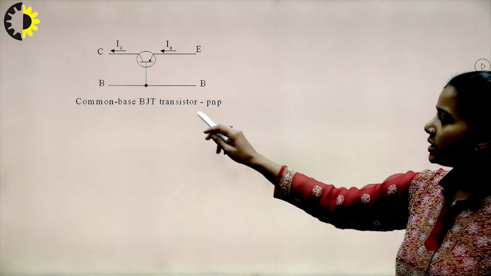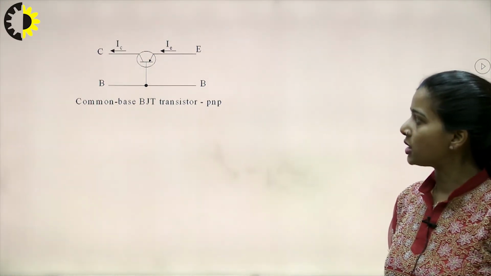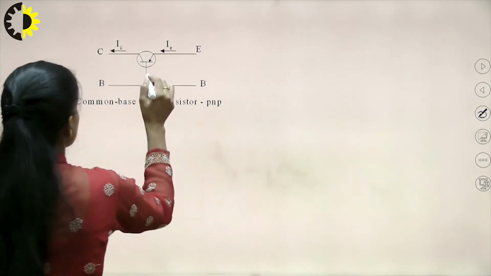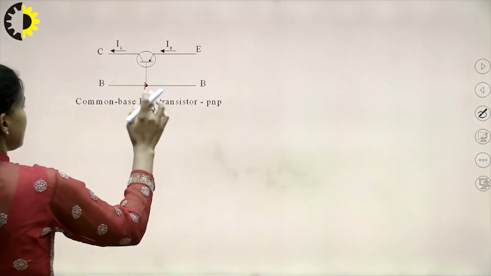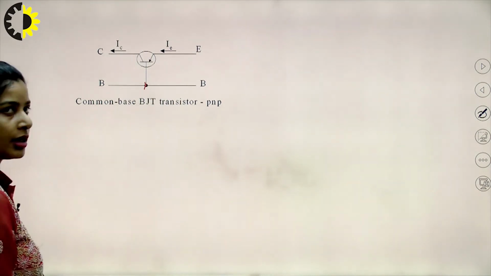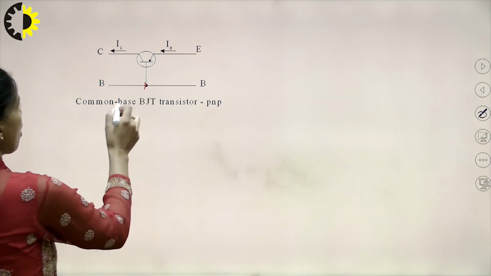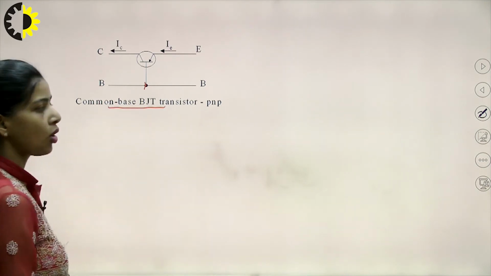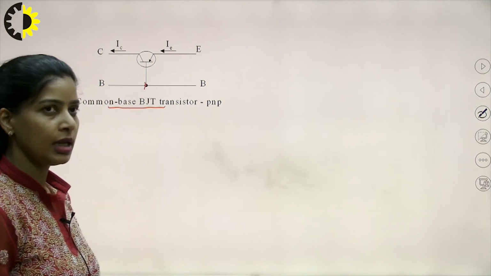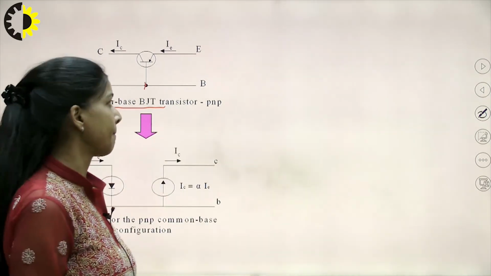This is a BJT, that is a bipolar junction transistor, connected in common base configuration. This is the base terminal, that is common, and here we have emitter and collector. So this is a common base PNP configuration. We will see how we can draw its re equivalent model.